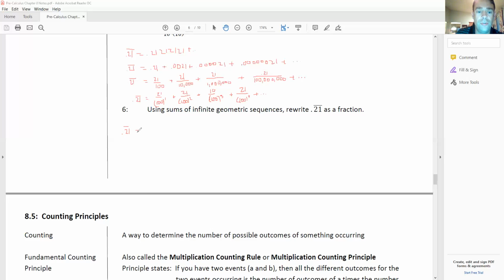I think this is the same thing as the sum from n equals 1 to infinity of 21 over 100 to the nth power. Or another way to think of it, and probably a better way, would be this.